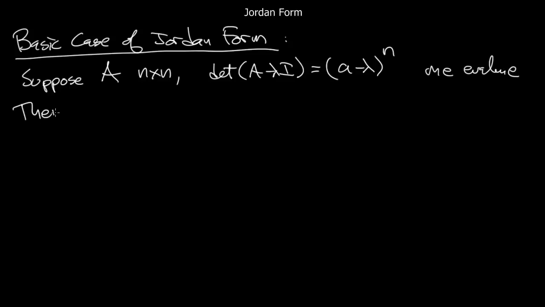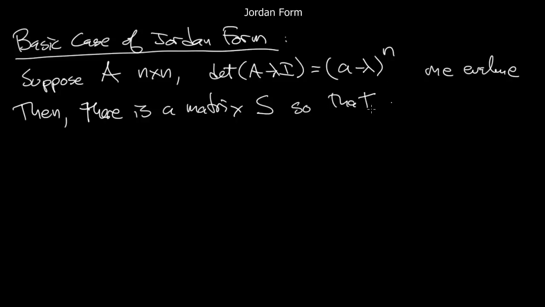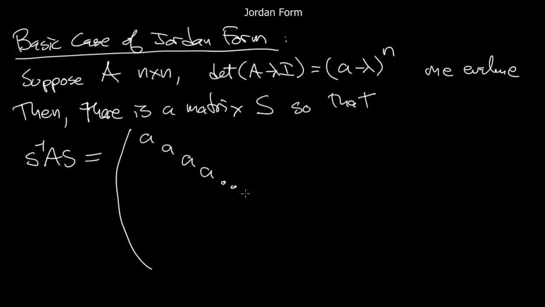Then you can find a basis. You can find a matrix S, a change of basis matrix S, so that S inverse AS, after a change of basis, is of the following form. Well, it's only A's down the diagonal, and entirely zeros below the diagonal.